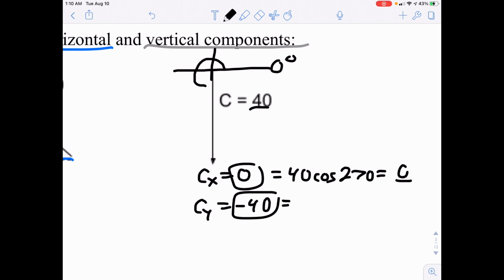But if we go 40 sine of 270, well, the sine of 270 is negative 1, and negative 1 times 40, that's where we get the negative 40 from. But you can reason it out to say that we've got a vector that's only pointing in the y direction, and it's pointing downward, hence the negative.